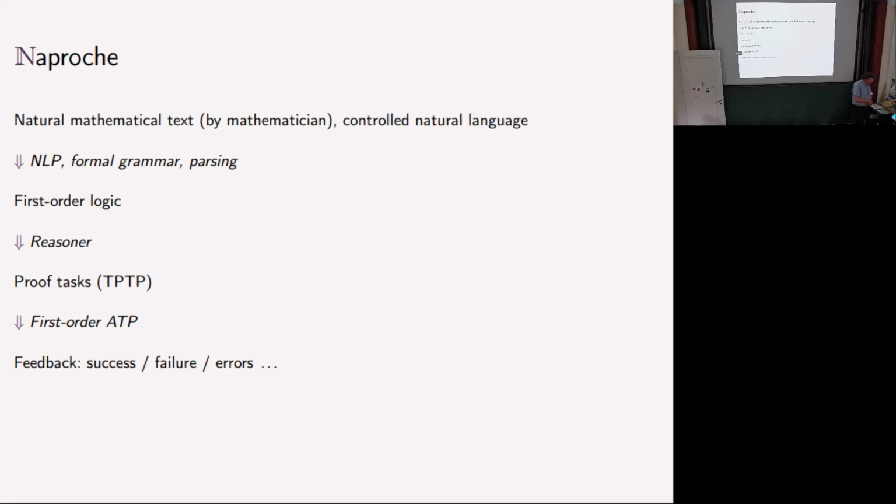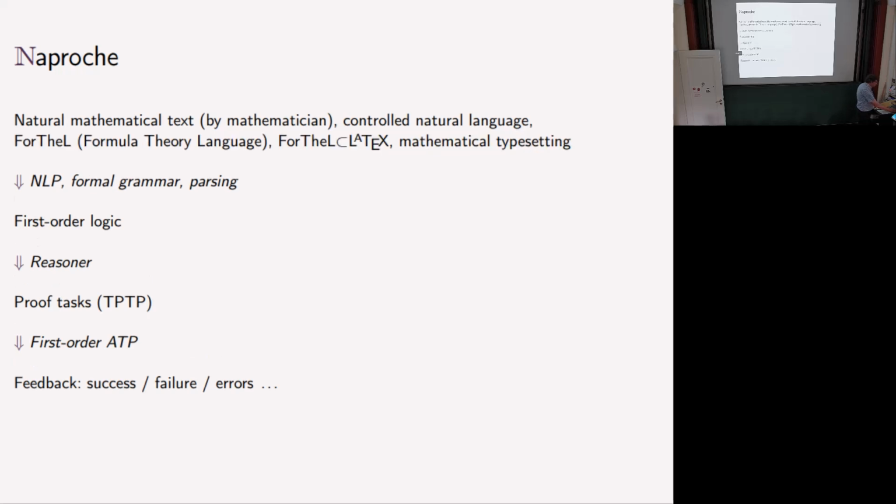So when you have a formal grammar and you want to parse it, then what is accepted is a controlled language, controlled by the grammar. It should be a controlled natural language. And what we do is that we have inherited from a previous project a language called Fortel, Formula Theory Language, and extended that.